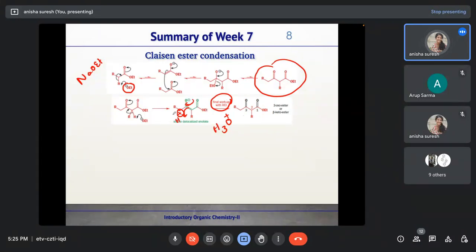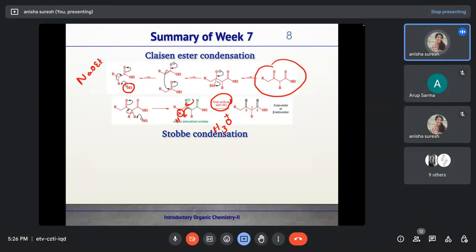Since this proton is abstracted, this step has become irreversible, and the product we finally get will be in good yield. So this is the Claisen ester condensation.